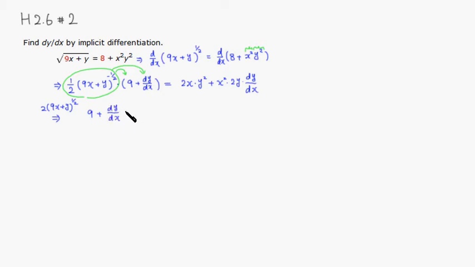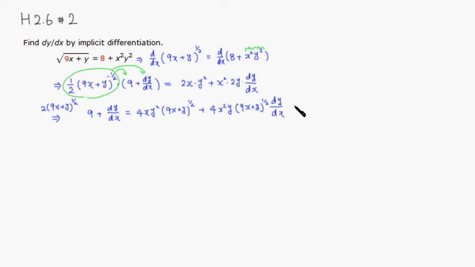This is going to be equal to 2 times 2, so 4xy squared times 9x plus y to the 1/2 power. Then you have here 4x squared y times 9x plus y to the 1/2 power, and then you still have dy over dx.